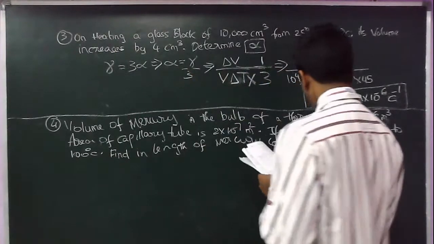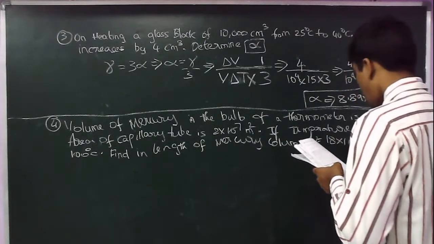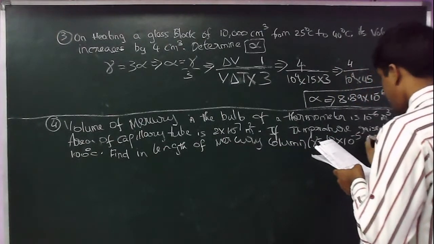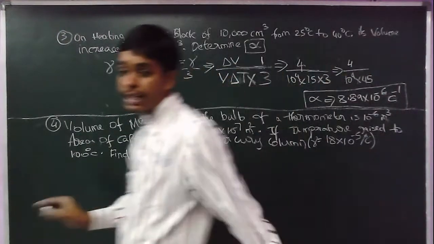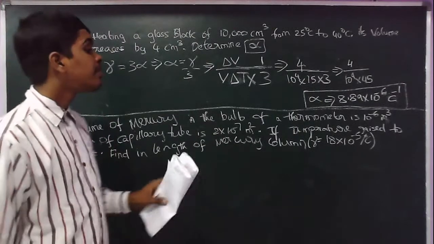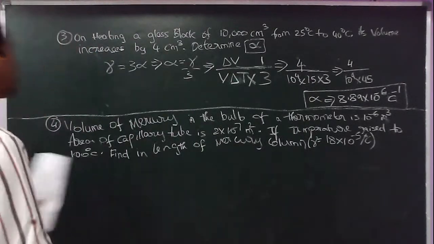Now they have given gamma is equal to 18 into 10 to the power of minus 5 per Celsius. So first try this, then I will solve.